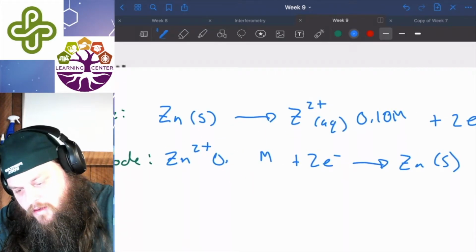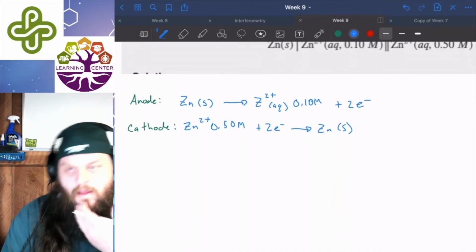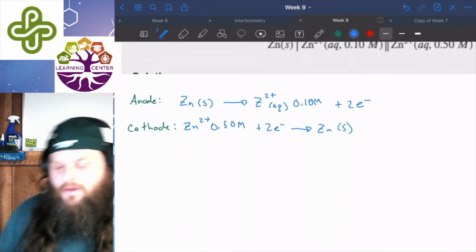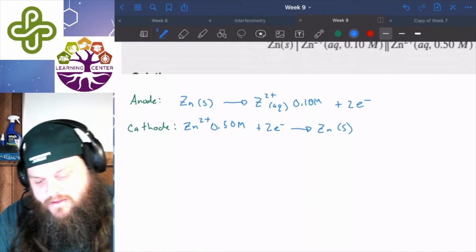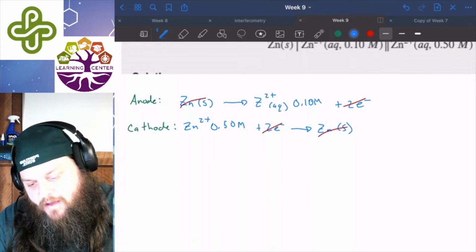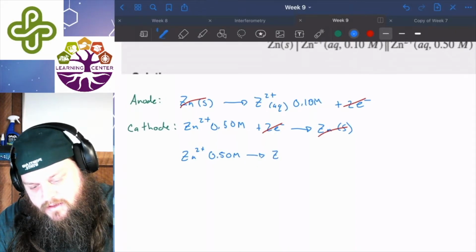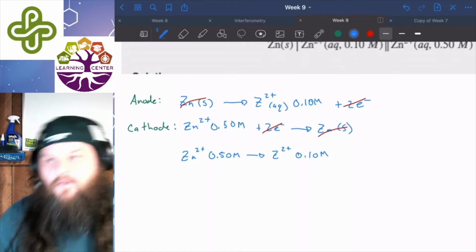By putting those molarities in, when we go to cancel, we don't cancel the zinc 2 plus, but we can cancel out the electrons and the solids. Our overall reaction is zinc 2 plus 0.50 molar producing zinc 2 plus 0.10 molar. And all of it's aqueous.